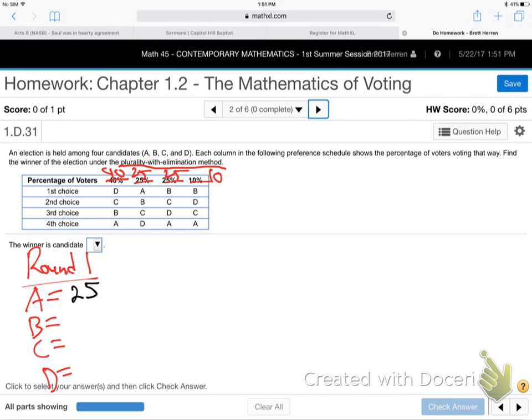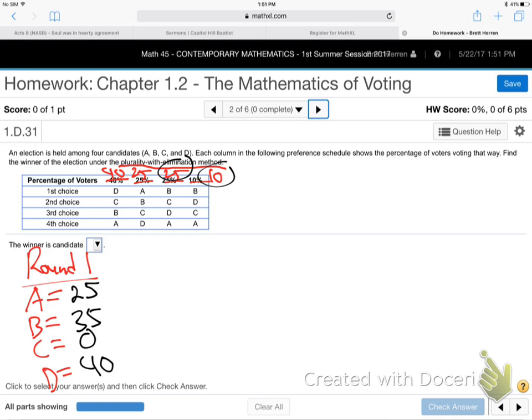Just 25. And B, same number. Oh, you're right. I didn't see that one. 25 and 10, huh? That'd be 35. C, nobody likes C best. I think C's going away. D, 40.